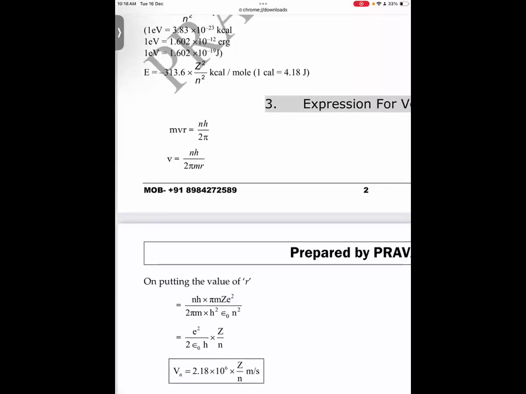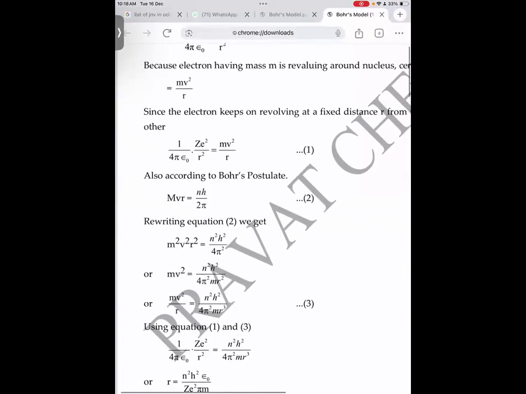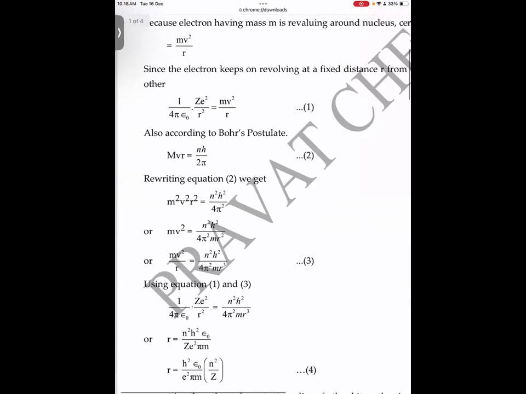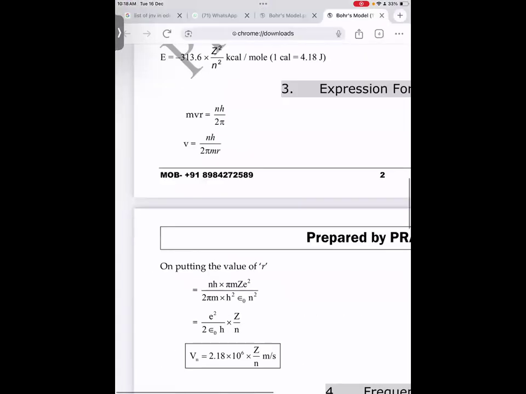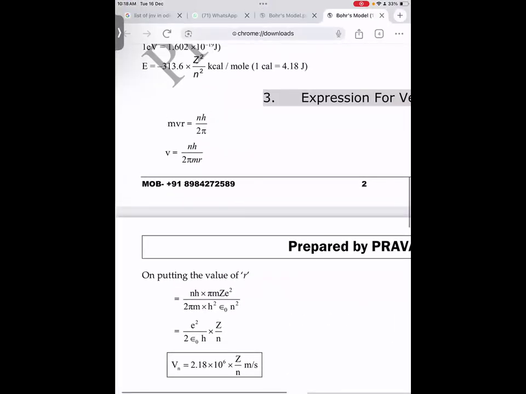So v equal to nh upon 2 pi m into r. Okay. So on putting the value of r, the value of r we already know: h square epsilon over e square pi m into n square by z.